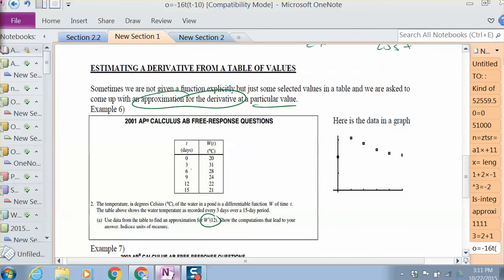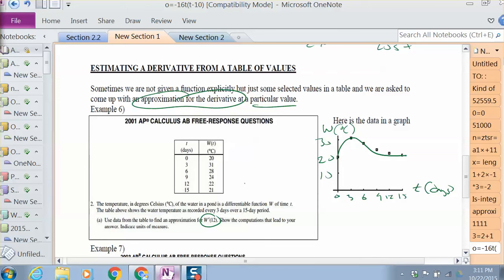Now, if you were to plot the points over here, we're at 0, 3, 6, 9, 12, 15, that being time in days, and that being W, the temperature, in degrees Celsius, 10, 20, 30. The curve would kind of look like that, I guess.